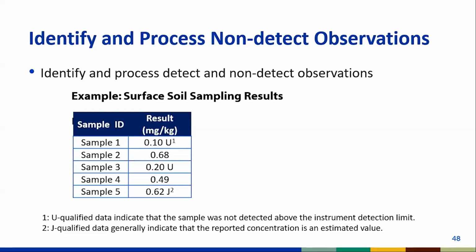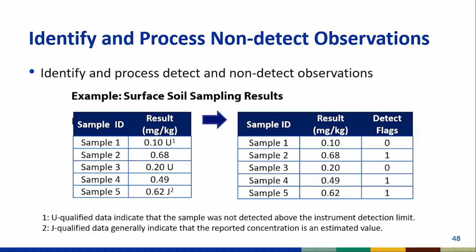Sample 1 has a detection limit of 0.1 milligrams per kilogram, while sample 3 has a detection limit of 0.2 milligrams per kilogram. Sample 5 is an estimated value, as indicated by the J qualifier. J qualified data generally indicate that the reported concentration is an estimated value.